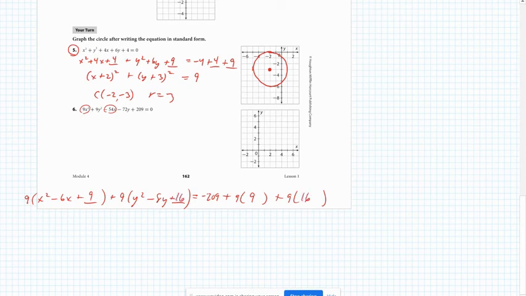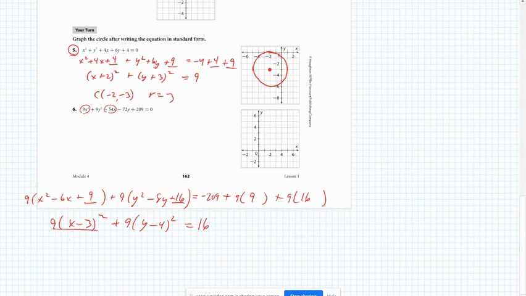And so this is 9 times x minus 3 squared, 9 times y minus 4 squared equals, on this side of the equation, we have negative 209 plus 81 plus 9 times 16, and we get 16.